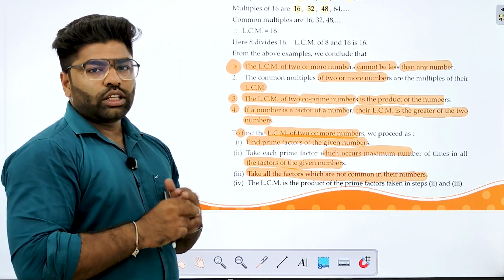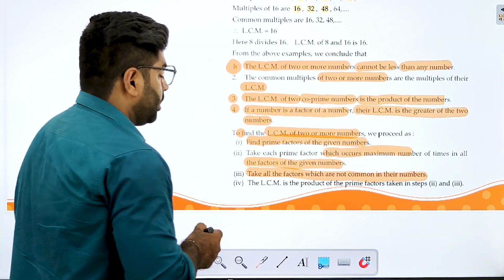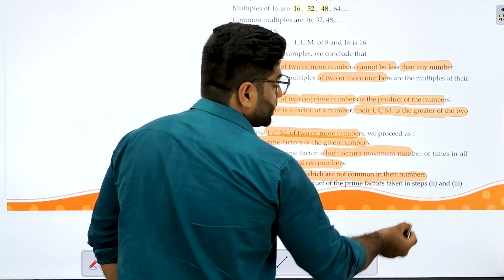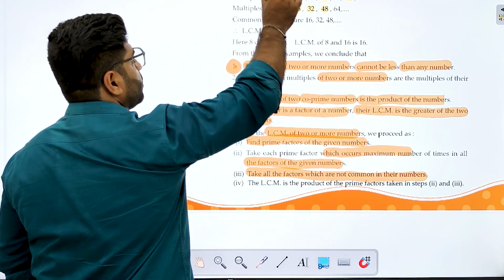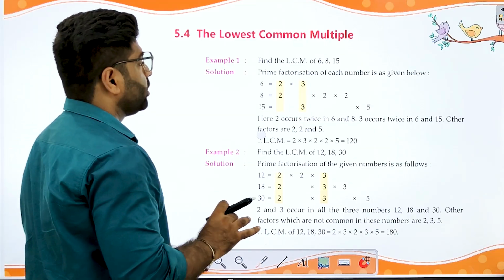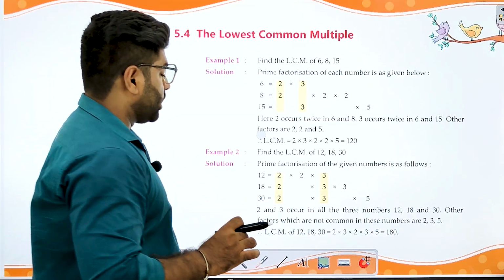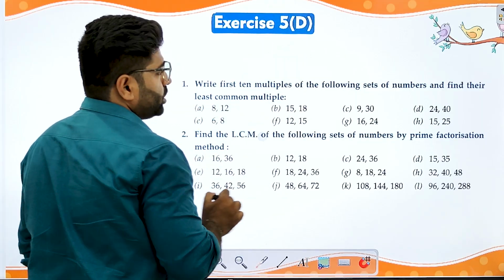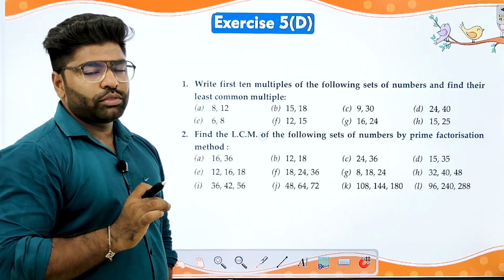The LCM is the product of the prime factors taken in steps 1 and 2. So in the last step, we find the product of these numbers. Let's discuss these with the help of examples.